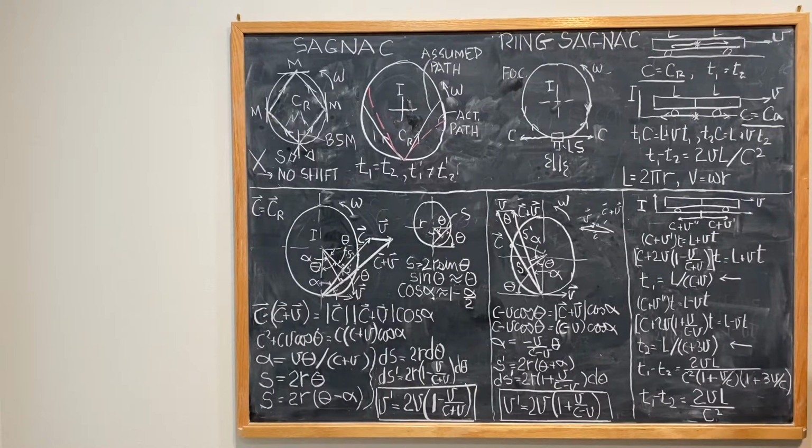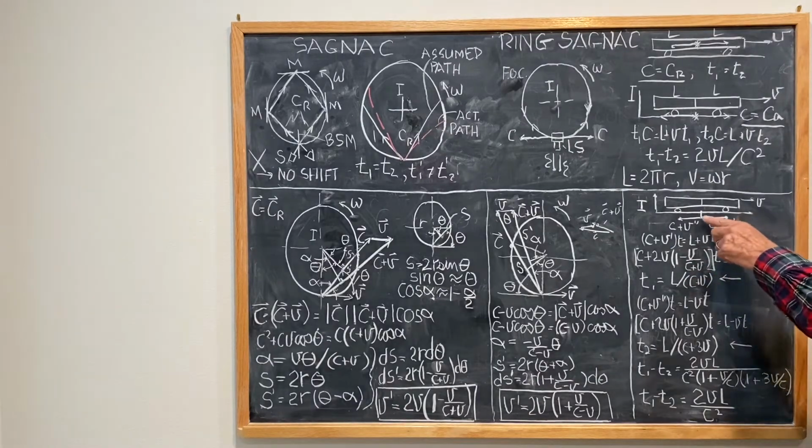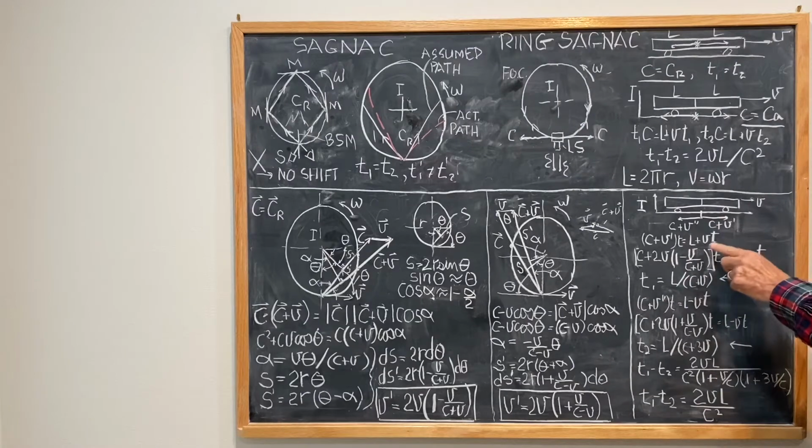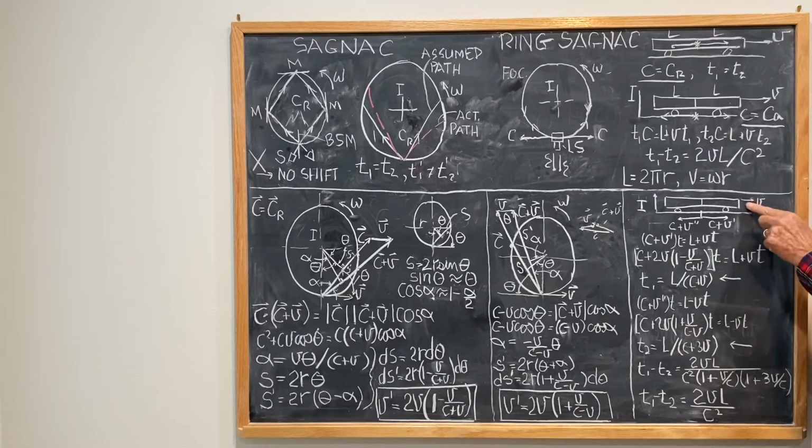It's different in both directions, and that's what distinguishes this from the relative analysis. Right, now, in this case, with the speed c plus v prime, times t is equal to L plus Vt. This is traveling at a speed c plus v prime. It travels for total time t, during which it travels the distance L plus the distance the end moved away from it, Vt.